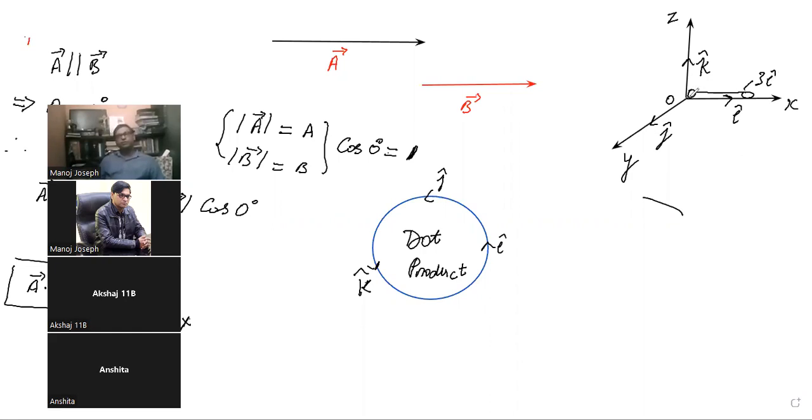Similarly, suppose that the object moved from here to here and it moved 4 units away along the y-axis. So you will write 4 J cap. And the object moved from the origin to here along the z-axis. So you will write, suppose that it is 2 K cap.